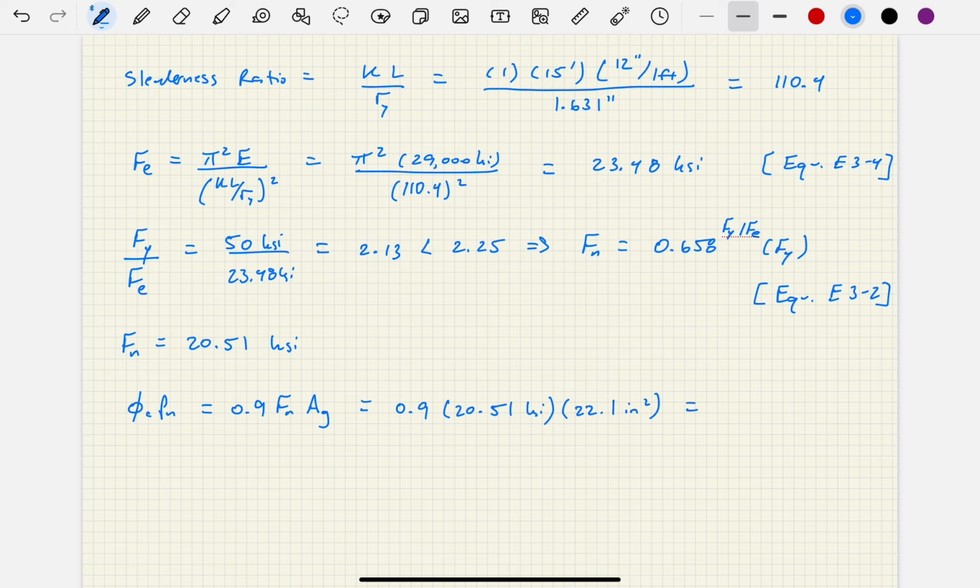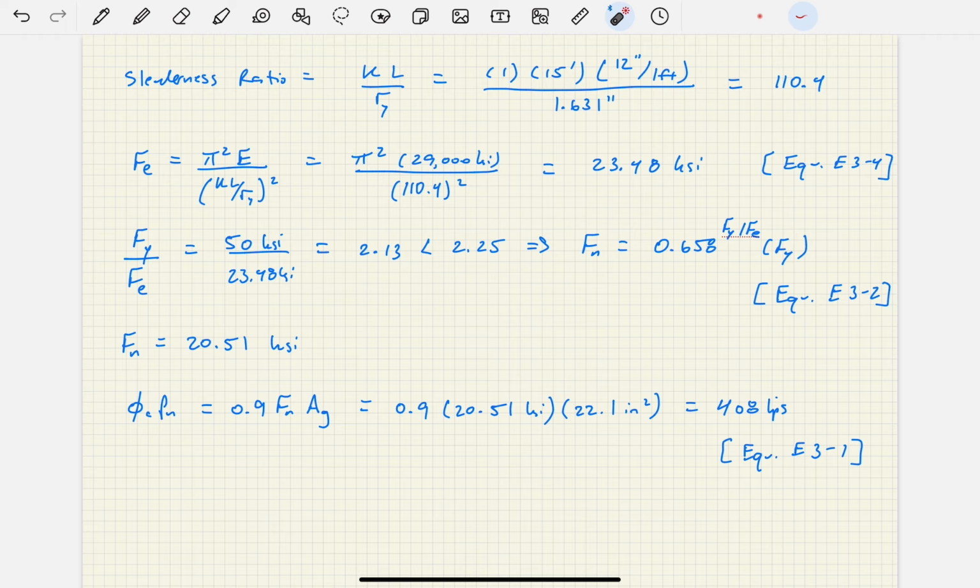And so I get a value of about 408 kips, okay? And this comes from equation E3-1 of the Steel Construction Manual, but of course with that resistance factor, that phi factor of 0.9.